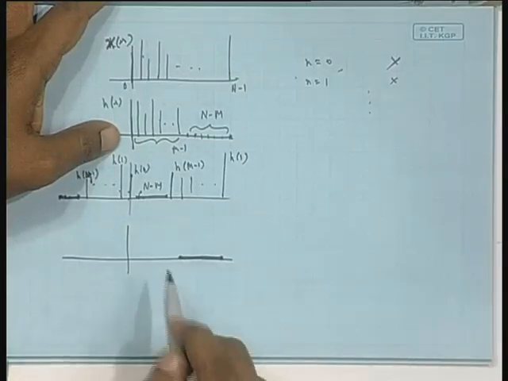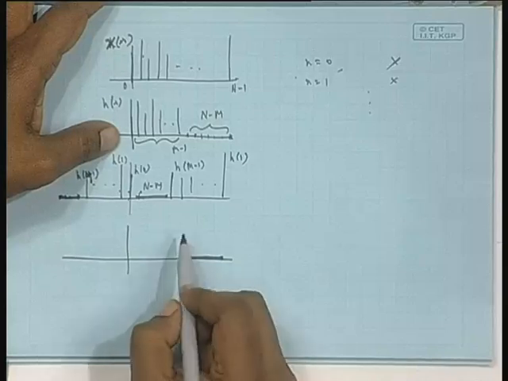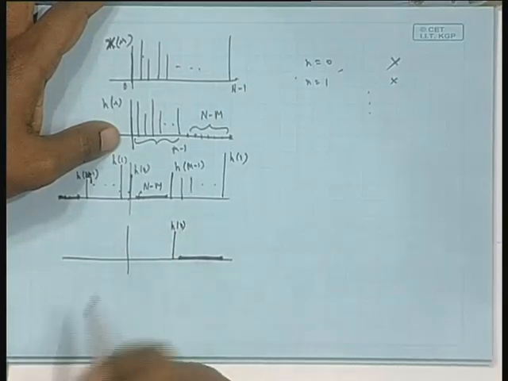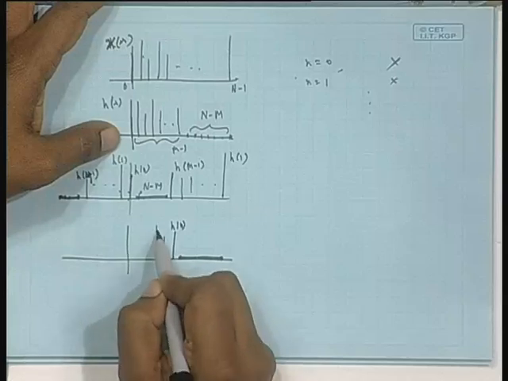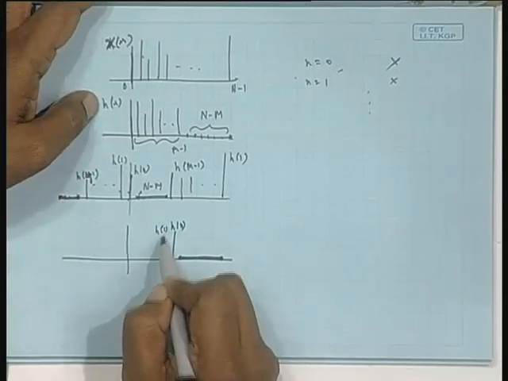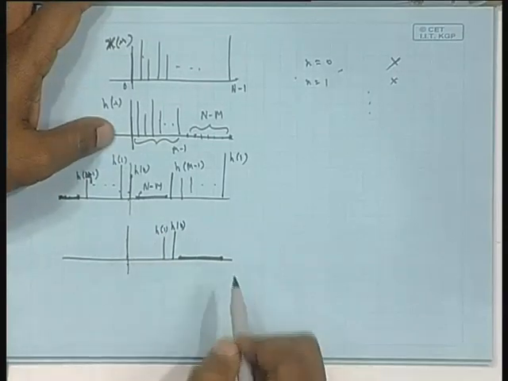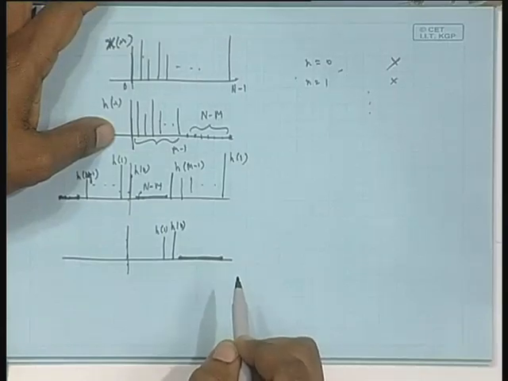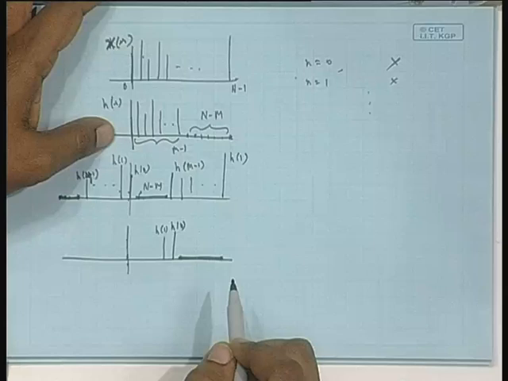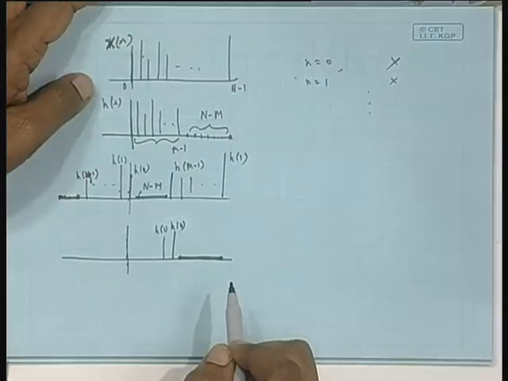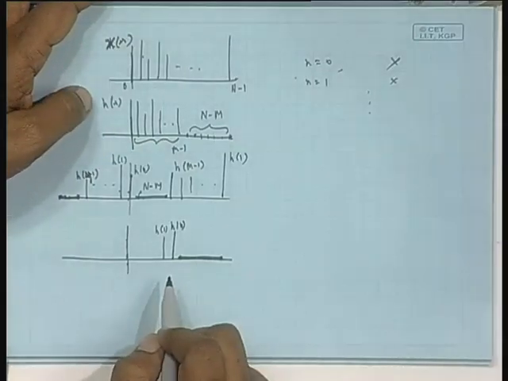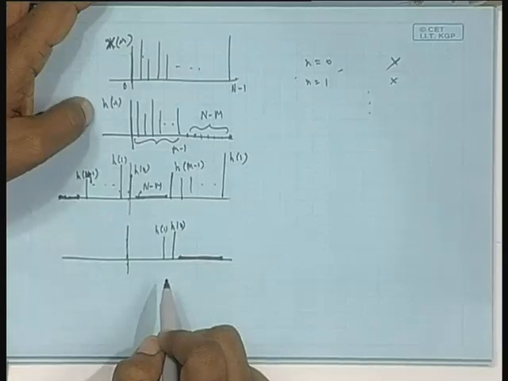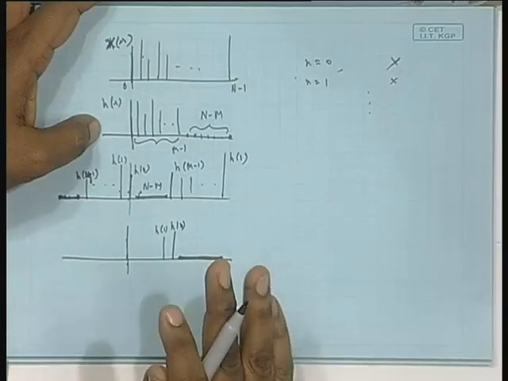At that moment, I have what? H 0, H 1, dot dot dot, how many? How many shifts?